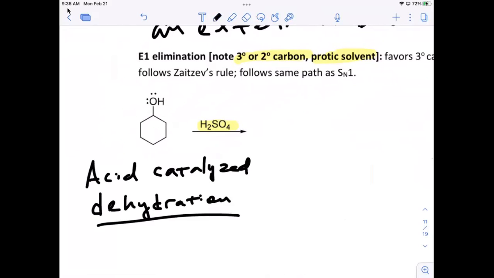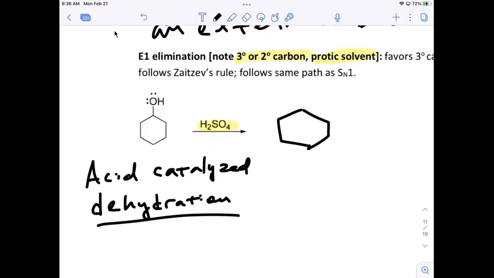Anybody? Removing water. Yeah, you're losing water. So your leaving group in this case is going to be water. Let me show you the product first, and then we're going to go through how it happens. We can talk about the rate law, the transition state, and all that good stuff, and anything in between.